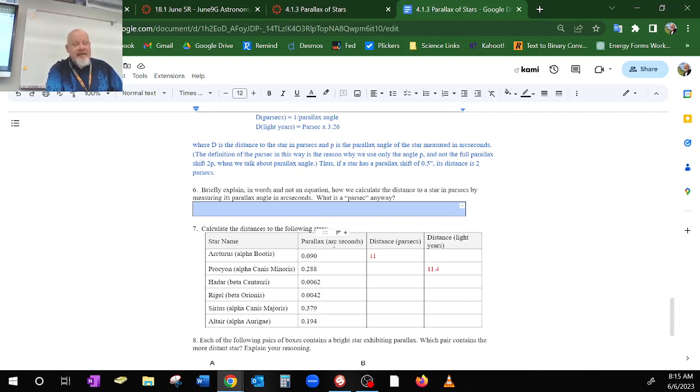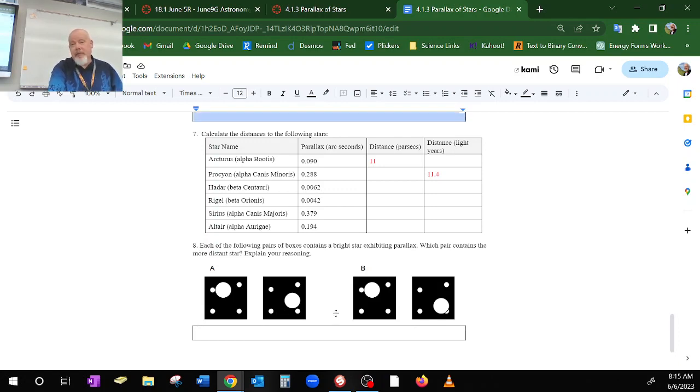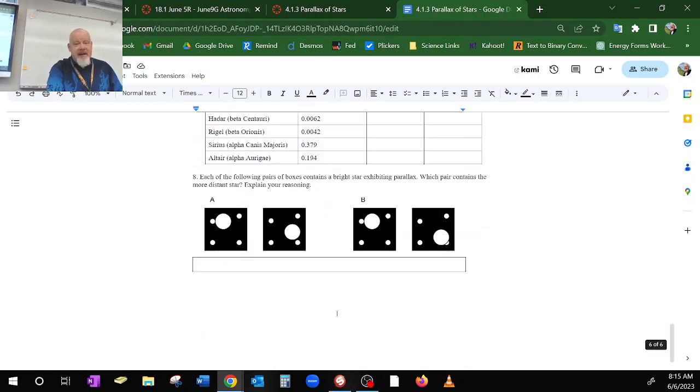I give you the parallax each time. Your step 3 from the notes that you took, that's how you figure out the parsecs. And once you have the parsecs, you can do step 4, that's the distance. So this is really a lot easier than it looks, okay? And then number 8, well, that comes back to step 2, trying to figure out which picture is the object closer to you. And that's it. That's the entire lab.